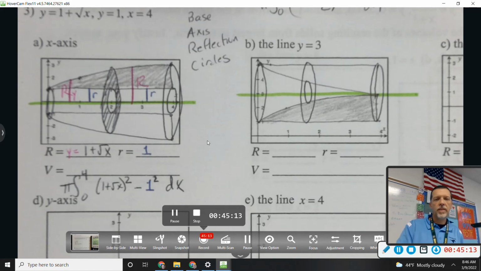Maybe it's just me, but there's something satisfying about a well-drawn 3D picture.